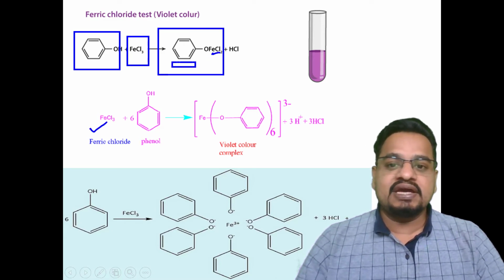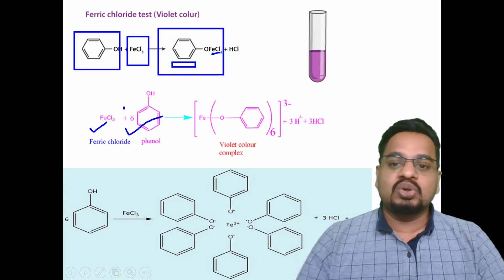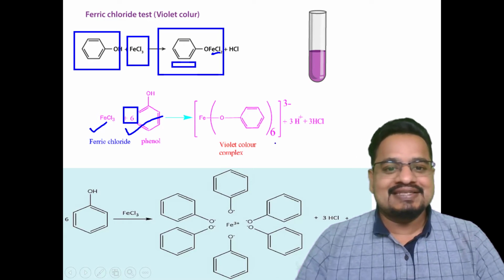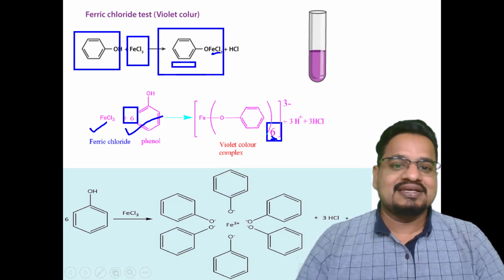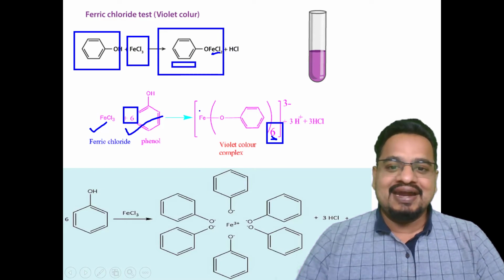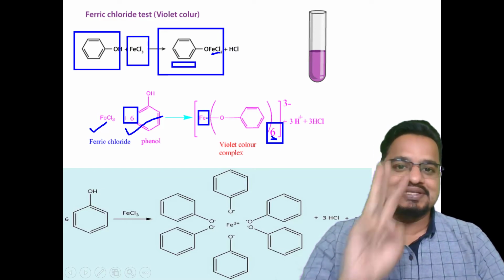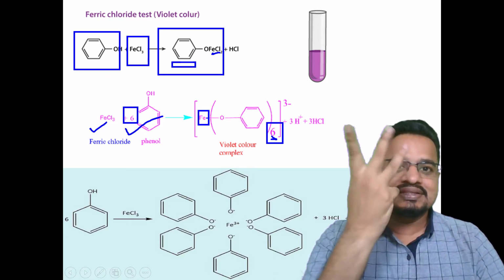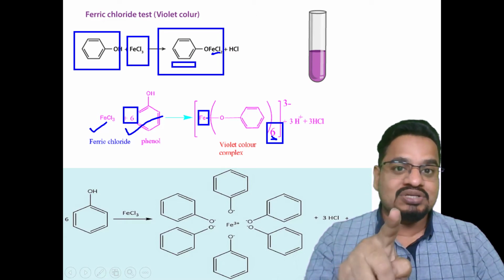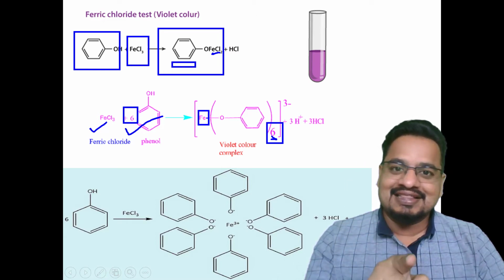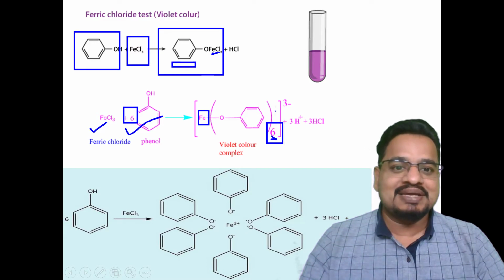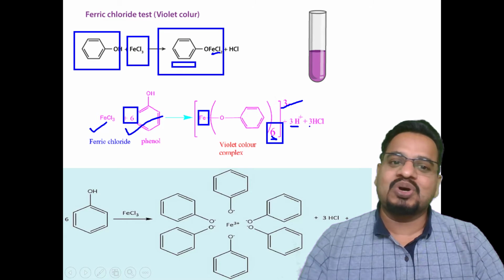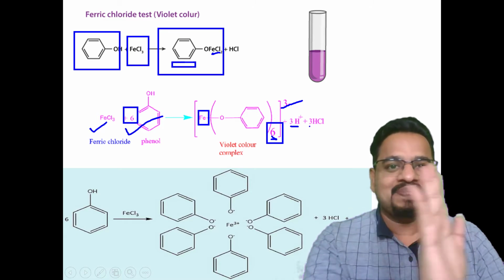Actually, when ferric chloride reacts with the phenol, the total number of phenols used is 6, that is 6 phenoxide and one iron. Iron is 3 plus, the 6 phenoxides give 6 minus. So what is remaining? 3 minus. And 3 protons are the byproducts.